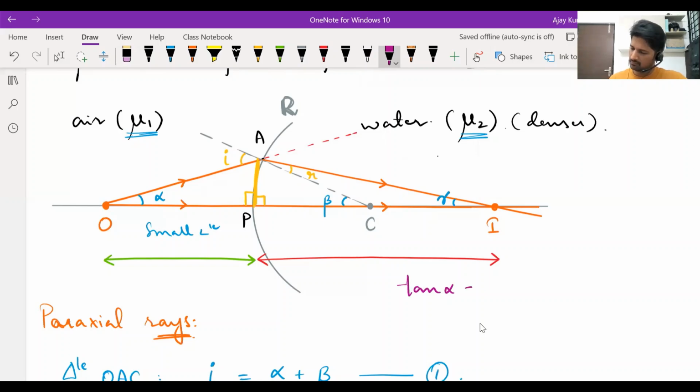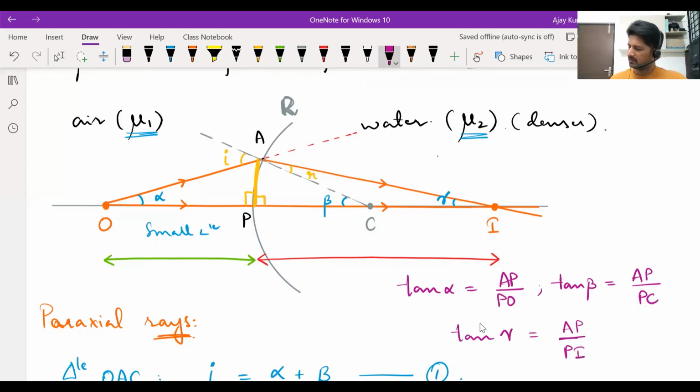So it'll be AP by OP. AP by OP. Correct. Tan beta is AP by CP. We'll call it PC. Actually, this also should be called PO because all distances are to be measured from the pole according to sign convention, which we will apply. And tan gamma will be AP divided by PI.